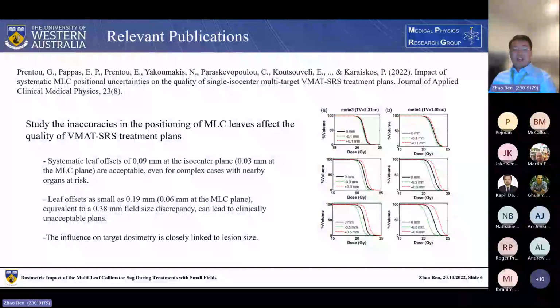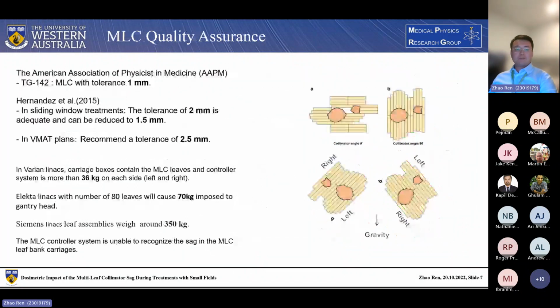But a leaf offset as small as 0.91 millimeter, 0.06 millimeter at the MLC plane, which is equivalent to a 0.38 millimeter field size discrepancy, can lead to clinically unacceptable plans, which indicates the influence on target dosimetry is closely linked to the lesion size.